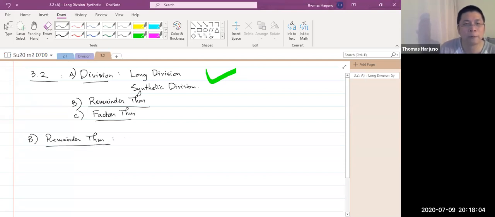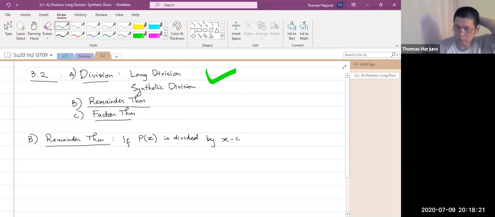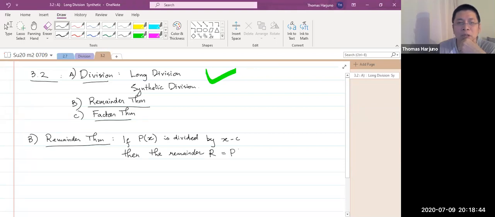It says the following: if P(x) is divided by x minus c, then the remainder, let's call that R, is equal to P(c).